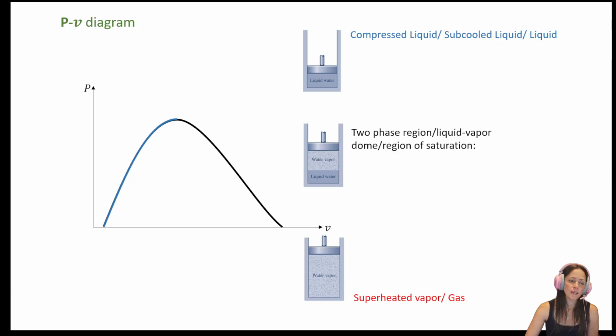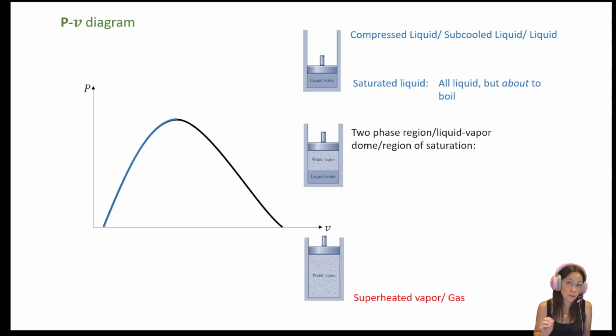All right. So if you look at that pressure, specific volume, PV diagram on the left-hand side, you can see that blue line there. If you're right on that line, then we call it a saturated liquid. A saturated liquid doesn't look any different from a liquid, but we categorize it as a saturated liquid because it is about to boil, but it hasn't quite yet.